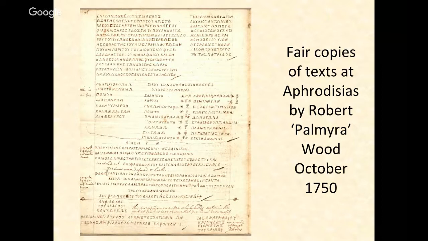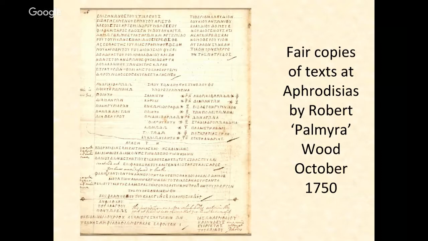And as you can see, he focused on the texts. There is very little indication of what's there. He does say by a gate, and another one on a gate, but that's about as far as the contextual information goes.